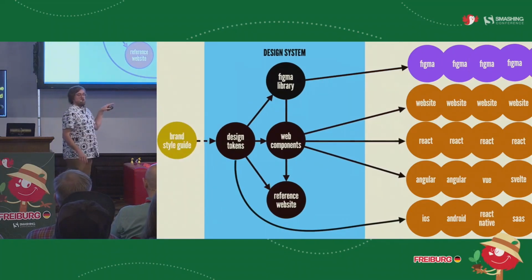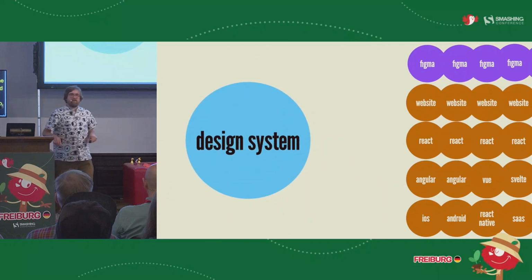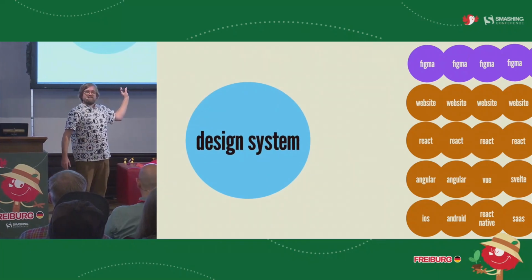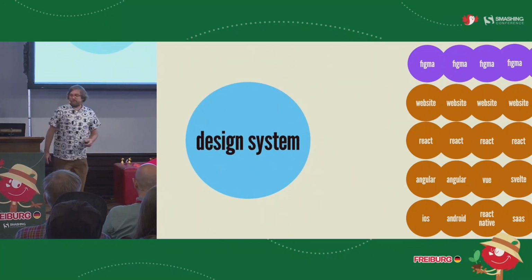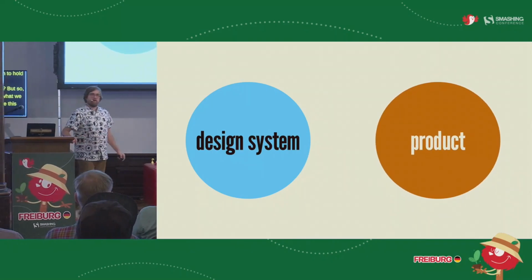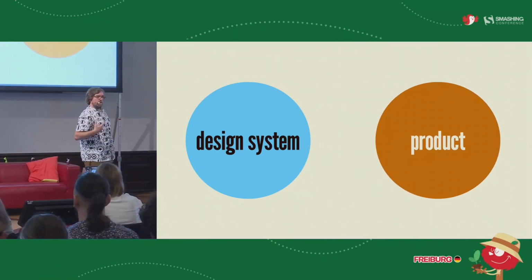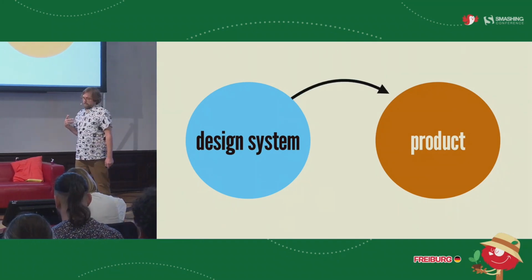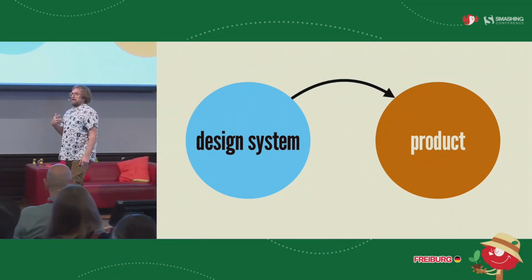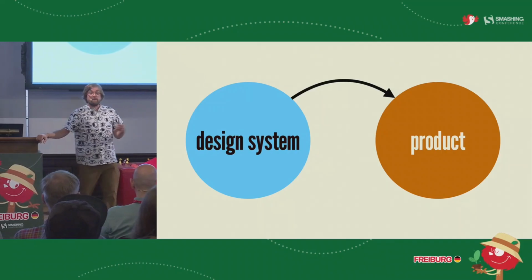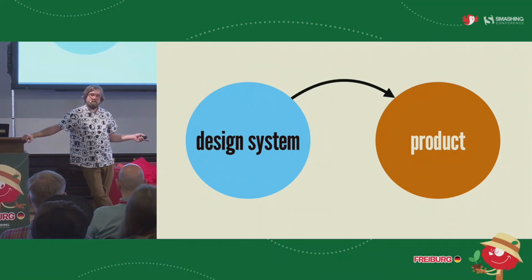But pulling back here, what we end up with is we now have this design system that's able to serve all of these products, right? And the relationship that gets established is that we have a design system that informs and influences what can be built using that design system, right?